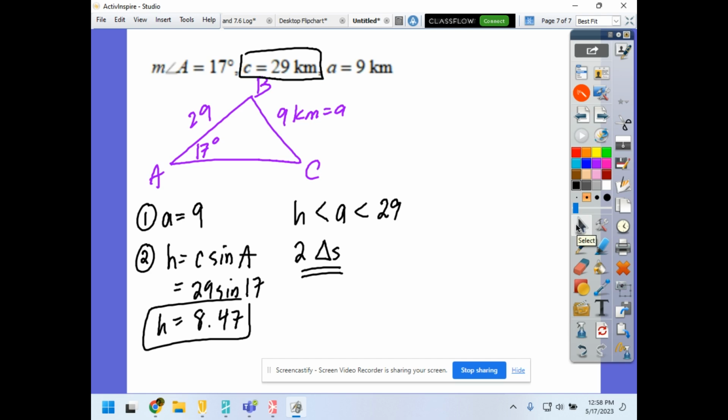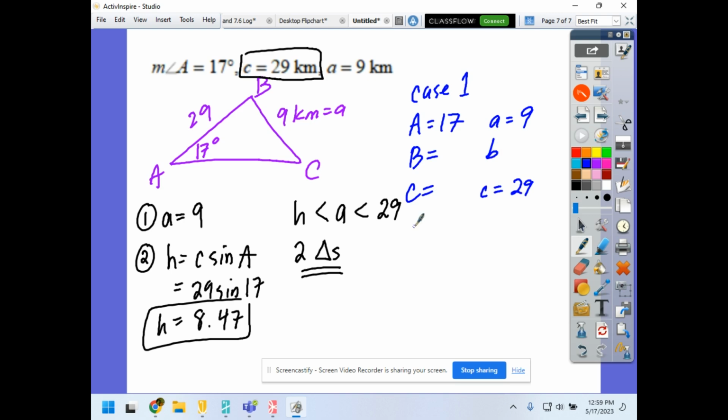So what are we going to do? Since we have case one, we're going to solve it normally. Case one here, we know that angle A is 17, side A is 9, angle B is unknown, angle C is unknown, but side C is 29, and side B is unknown.